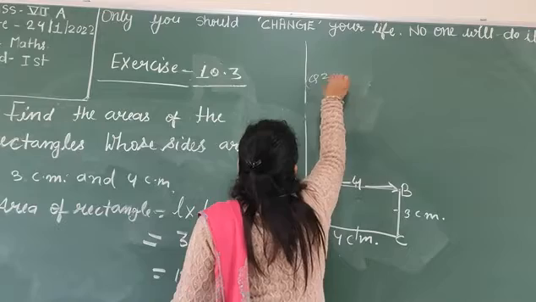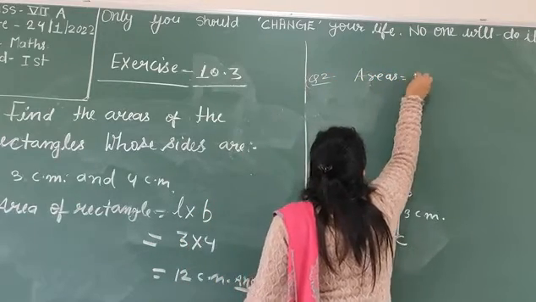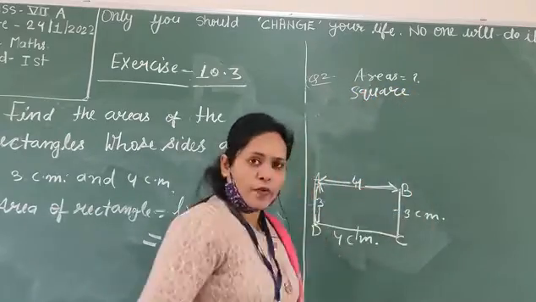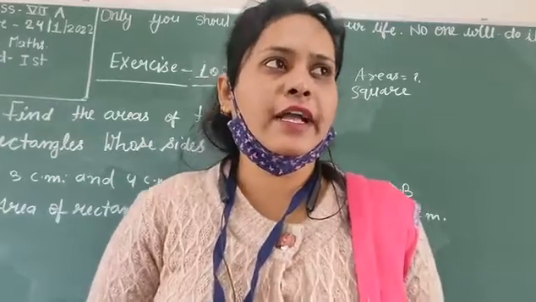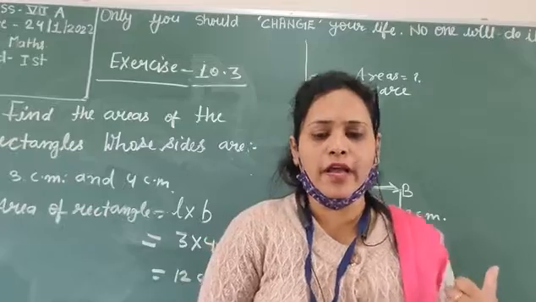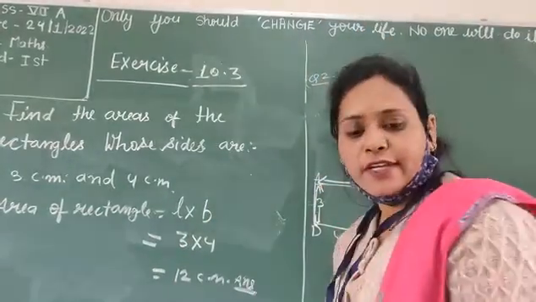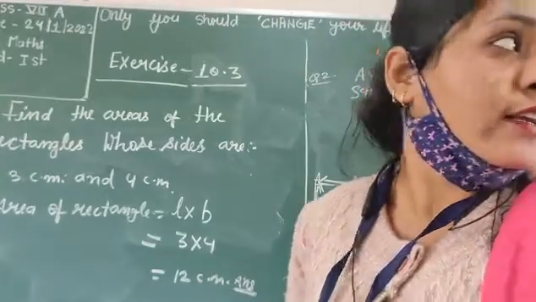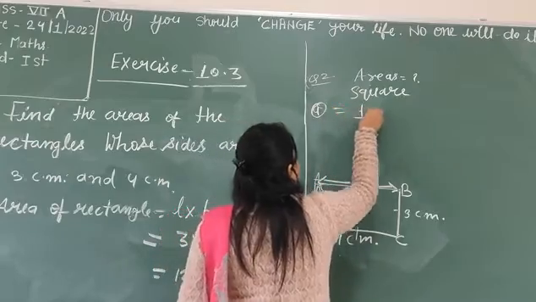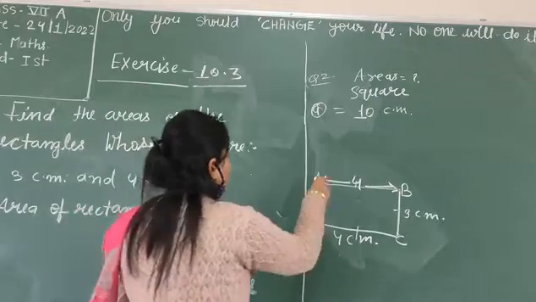In question number 2, we have to find the area and the shape is a square. So again we have to use the formula for a square. The first side is 10 centimeter. Clear?